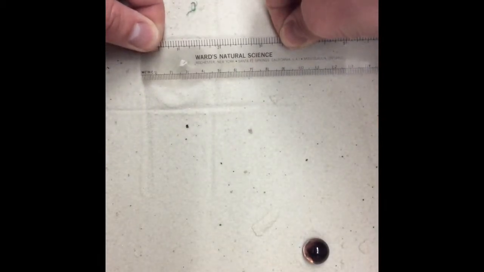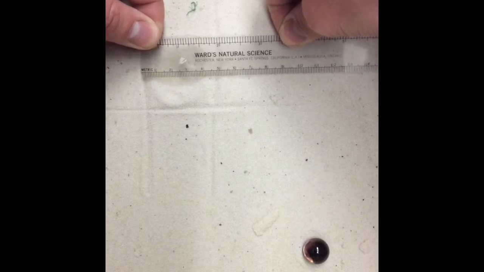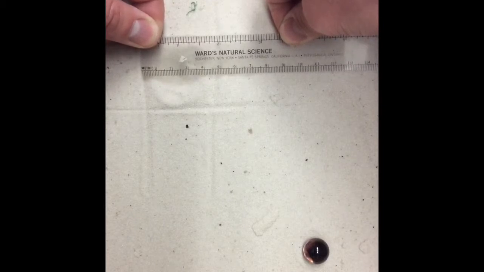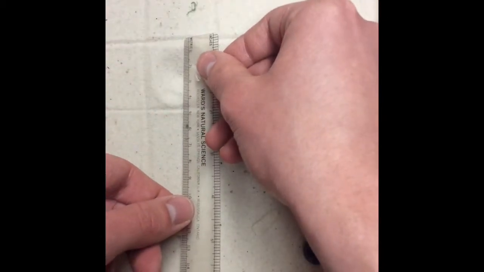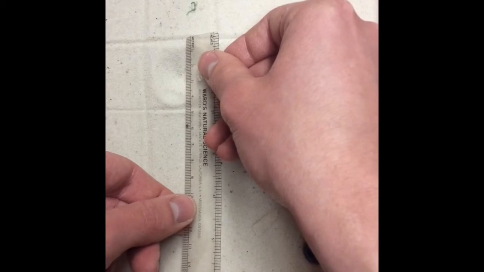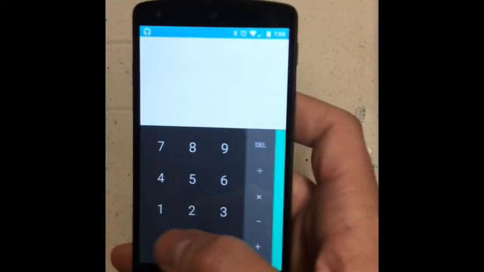I'm looking at maybe 4.8 centimeters in that direction. And then in this direction, I am getting about 4.7 centimeters. Okay, so if you can't do the math, go ahead and use a calculator.